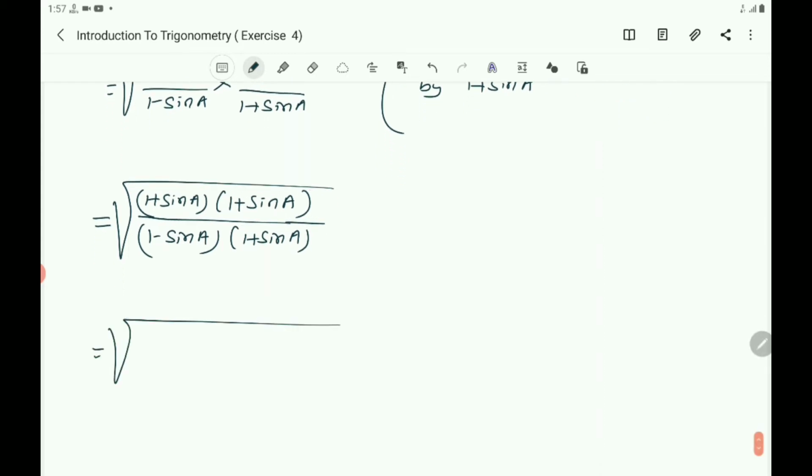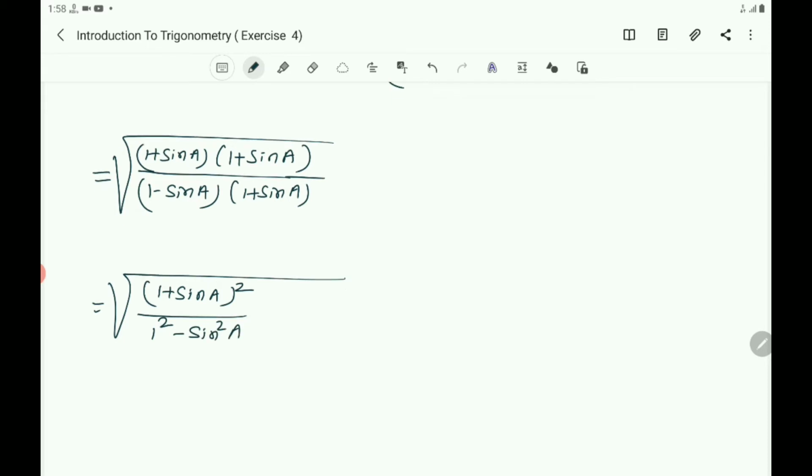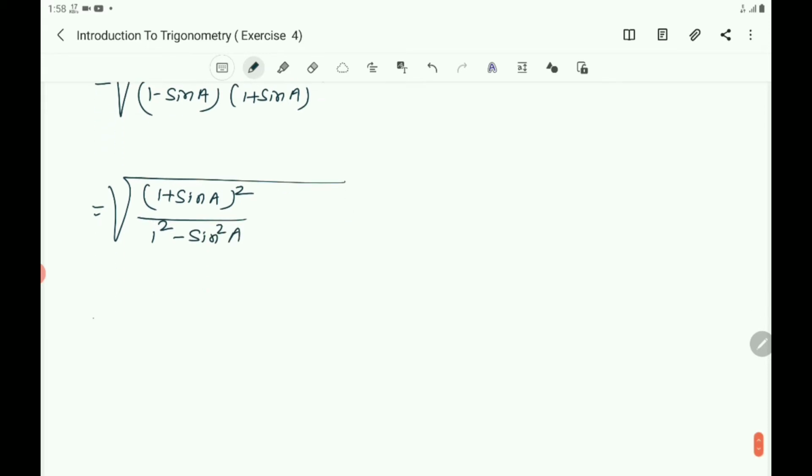Then 1 plus sin A into 1 plus sin A is (1 plus sin A) whole square, and for (1 minus sin A) into (1 plus sin A), you can use the identity (A minus B) into (A plus B), that is square of the first term, 1 square, minus square of the second term, sin square.